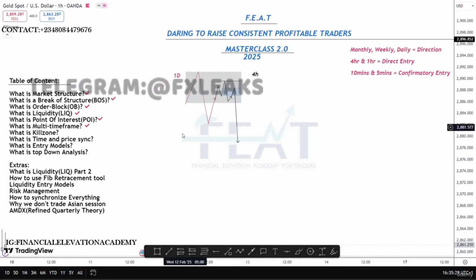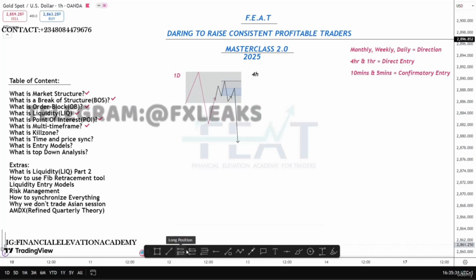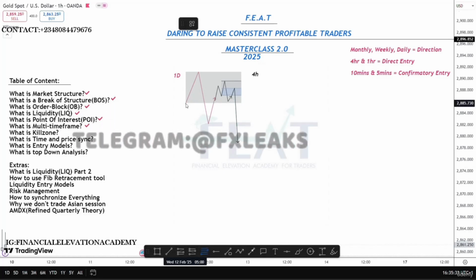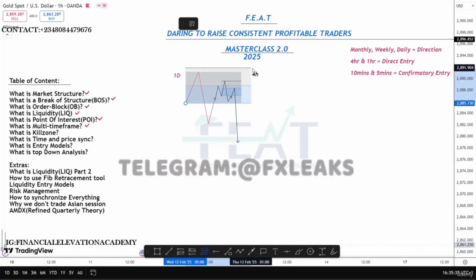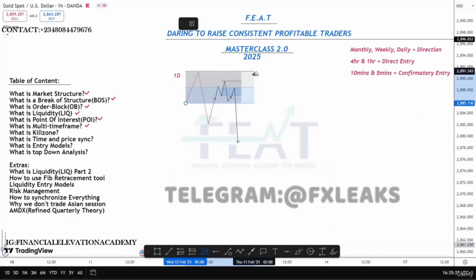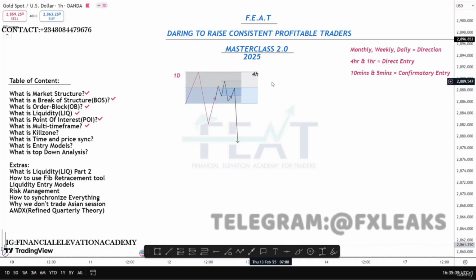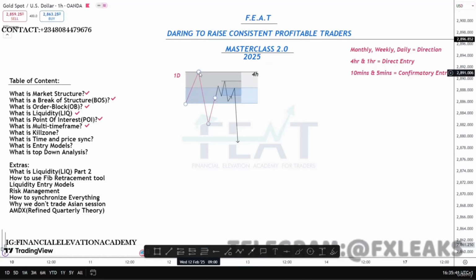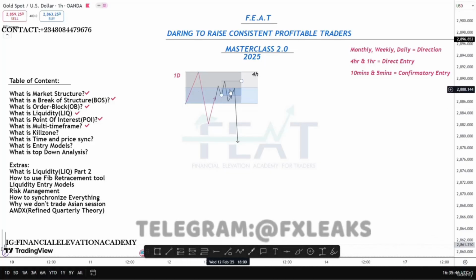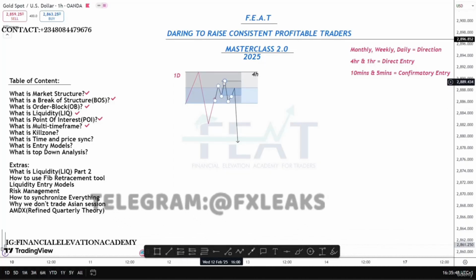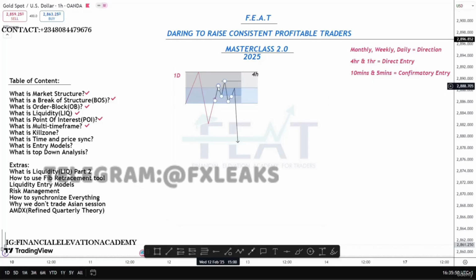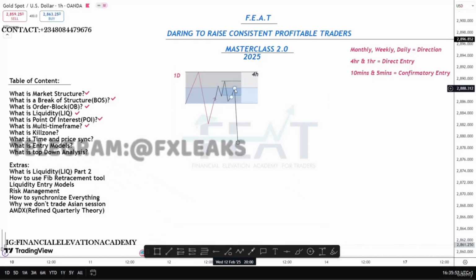Now if you look properly, you will see that, okay, let me use the Fibonacci tool now. You can see here that when I put the Fibonacci tool on the daily time frame to mark out the order block, the 50% level is the same level that the 4 hours POI2 is.